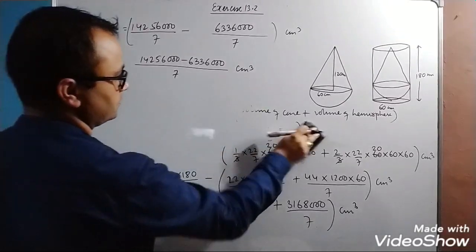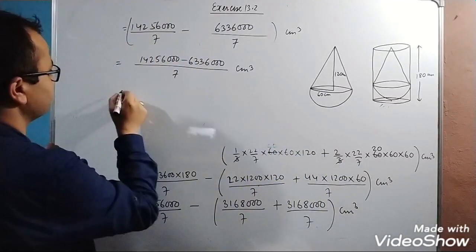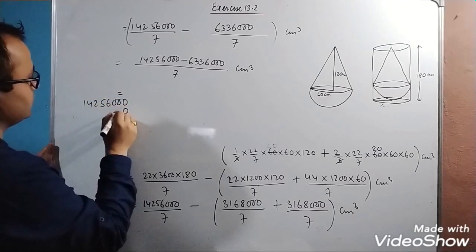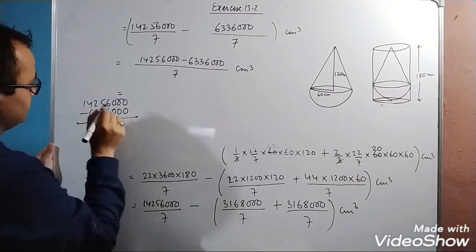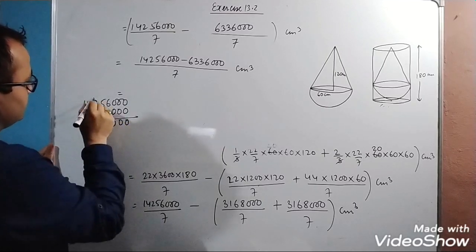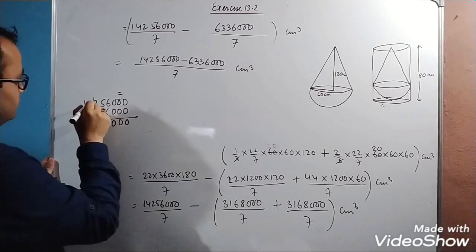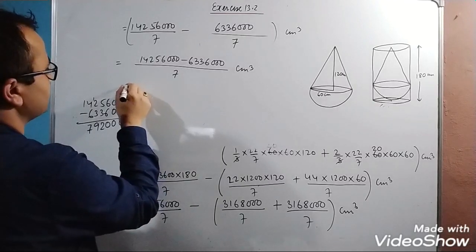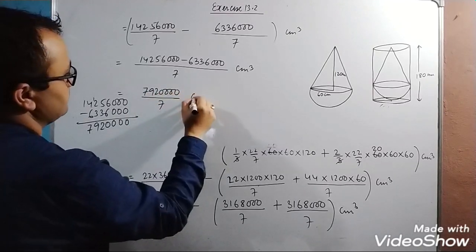So this equals 14256 minus 6336, which gives 7920 divided by 7 centimeter cube.